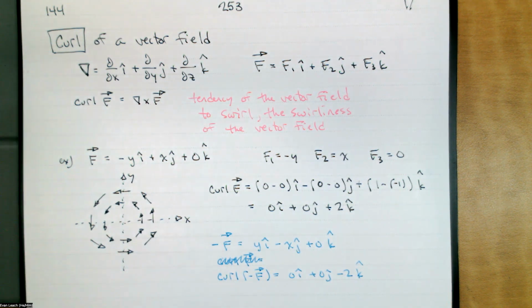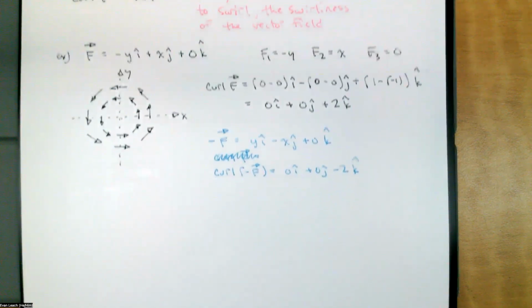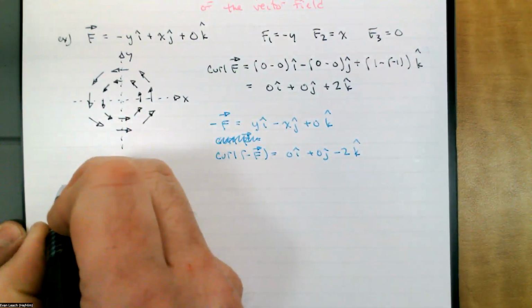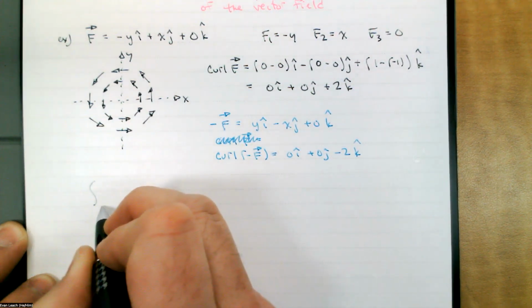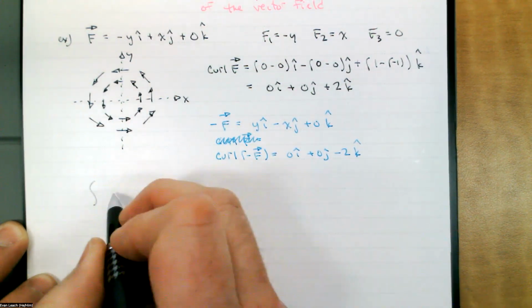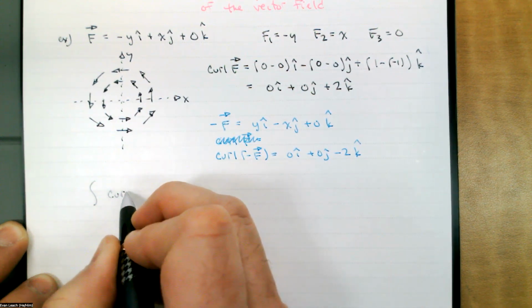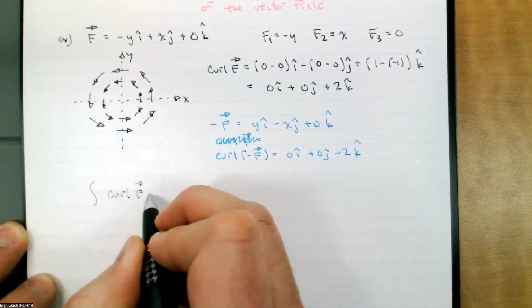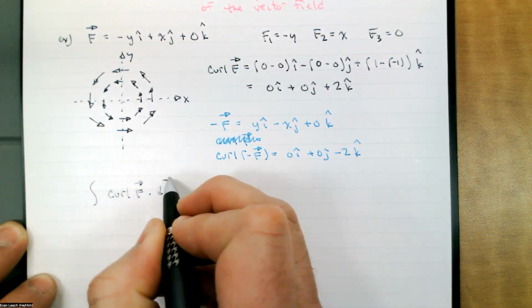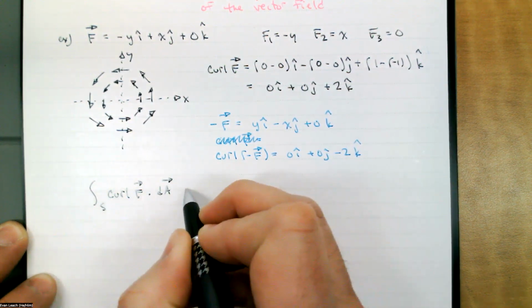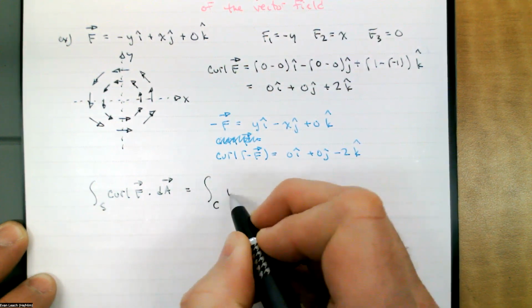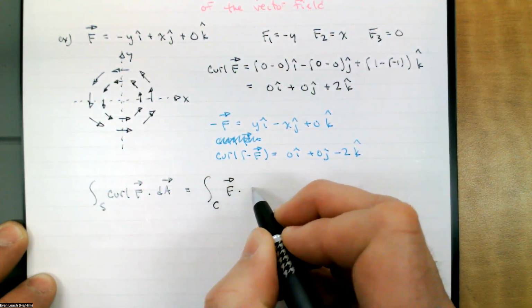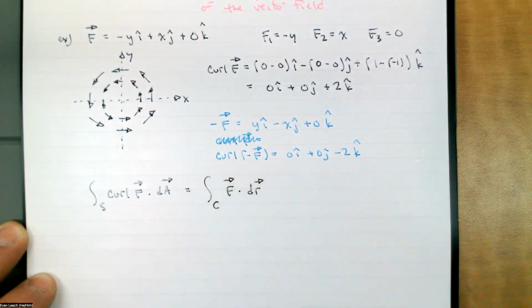So if we think about the fundamental theorem of calculus in Stokes' theorem, where we want to calculate the curl of a vector field at all the points on some surface, we can calculate this by looking at the vector field itself around the boundary of the surface.